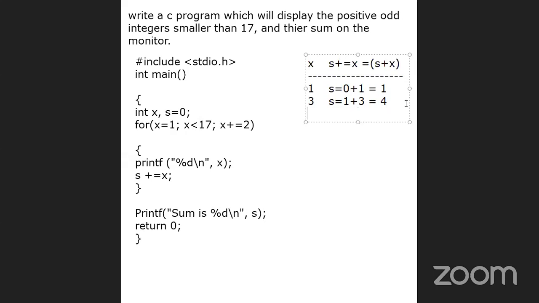So the next sum is 4 that we got there. So the new number we have for x is 5. So s, that is sum, is equal to now the existing 4 plus new x.